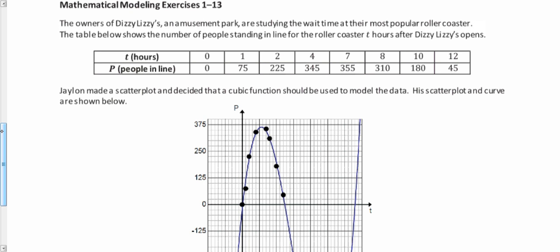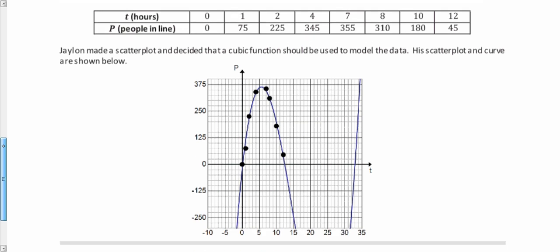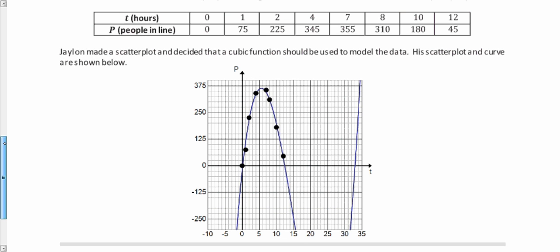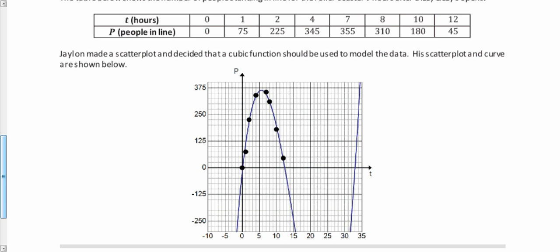Okay, now, Jalen made a scatter plot and decided that a cubic function should be used to model the data. Why did he choose a cubic function? Well, let's see about that. Here's the dots.